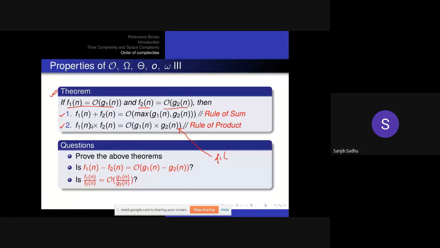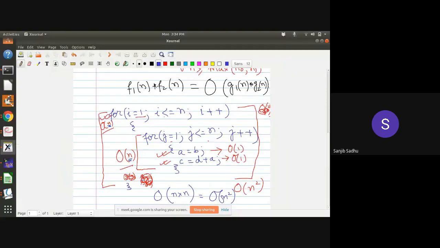Now the rule of sum. What is the rule of sum? In this case, f1(n) plus f2(n) will be big O of max of g1(n), g2(n), the maximum of these.